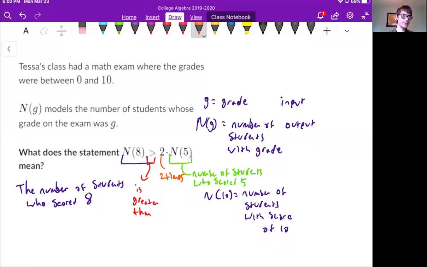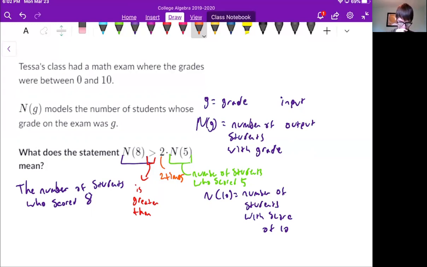So if maybe 20 people got an 8, that 20 has to be greater than 2 times the number of people who got a 5. There couldn't be 12 people who got a 5, because 2 times 12 is 24, and 24 has to be less than the 20 who got an 8.